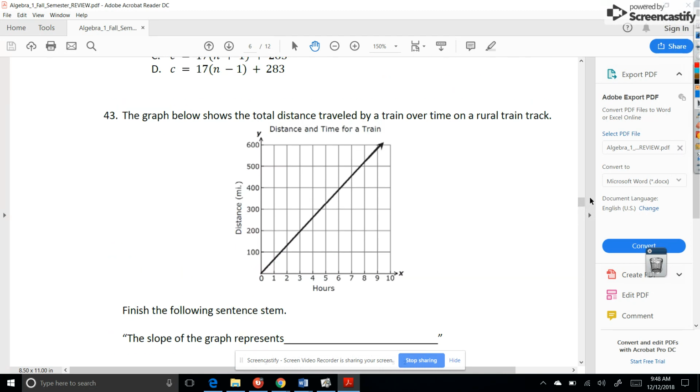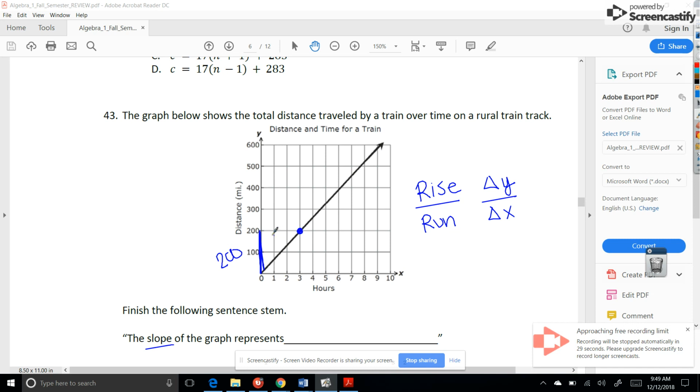Okay, the slope of the graph represents. So remember, slope is rise over run. It's your change in y over your change in x. So let's find a good lattice point right there. And that looks like it's up 200 over 3.